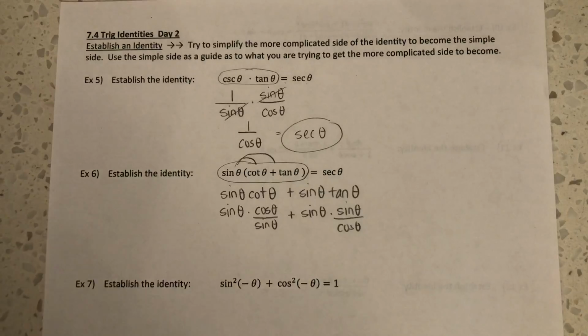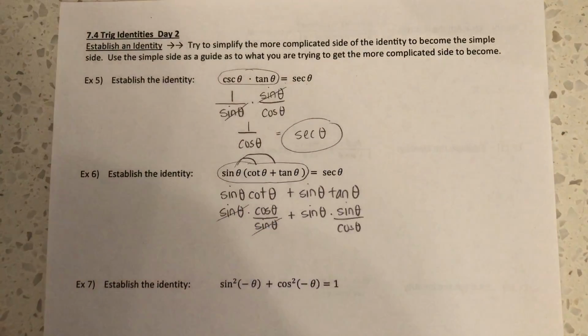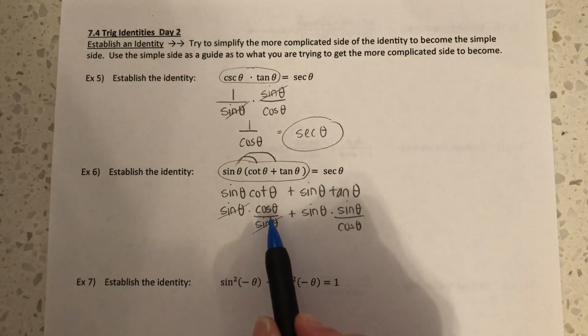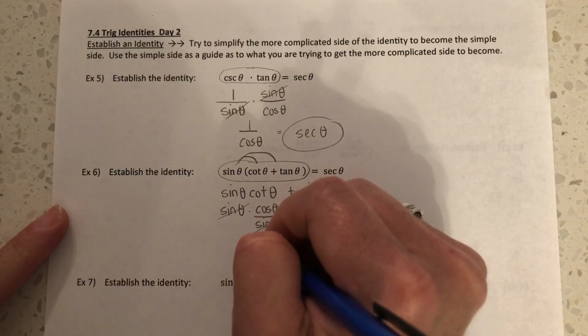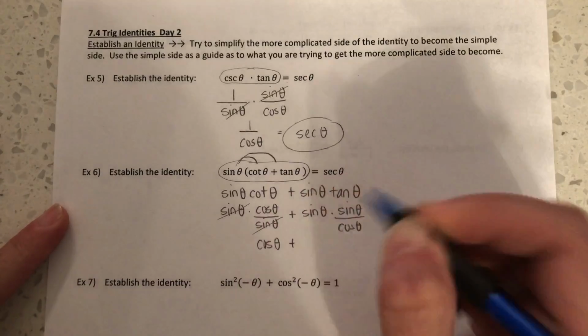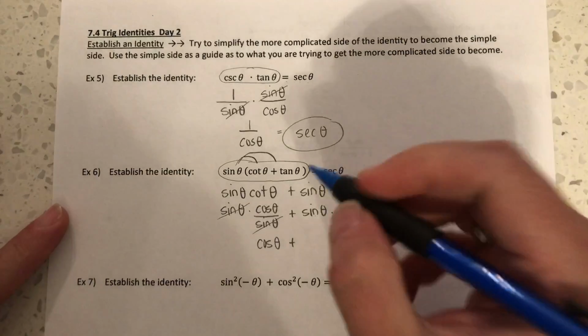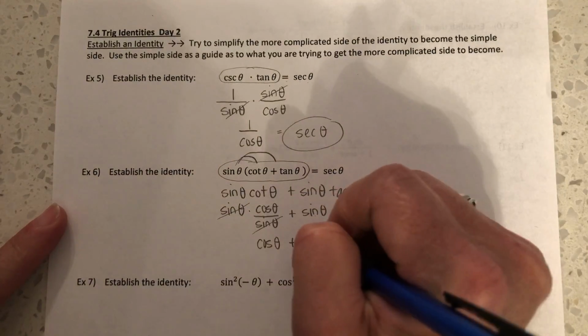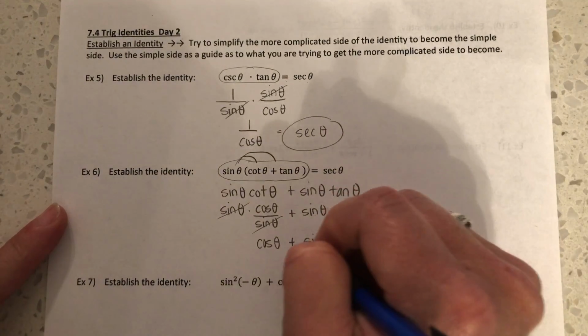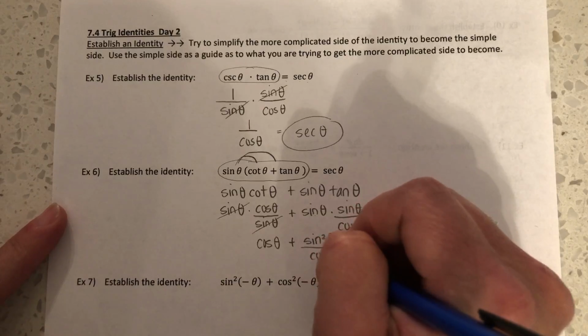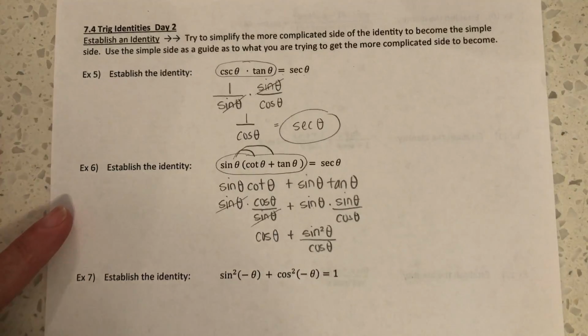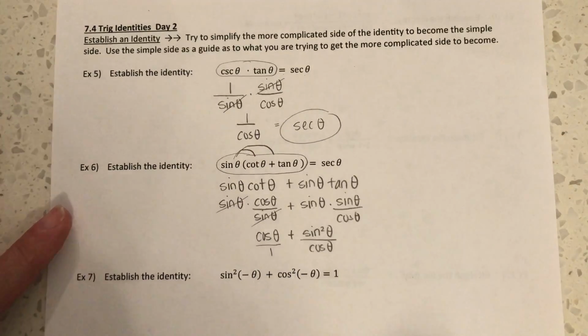So what are we left with? Well, these cancel. And now I'm left with cosine theta plus, nothing canceled here, so sine theta times sine theta is sine squared theta, and it's over cosine theta. So now I have to add these together, which means I need a common denominator.